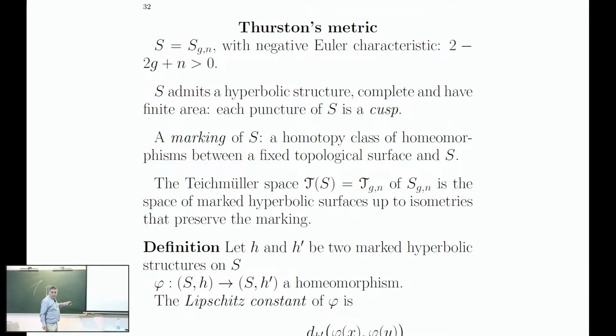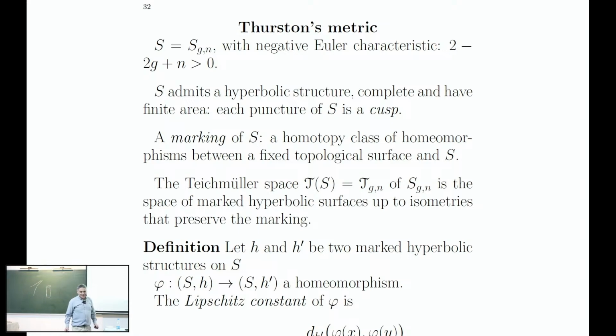There are two typos there. 2 minus 2g minus n must be less than 0.